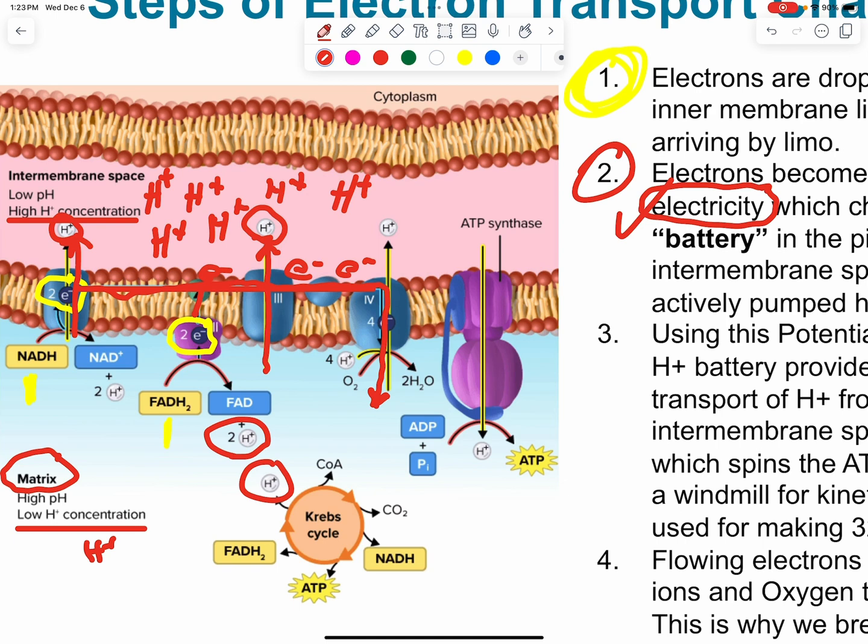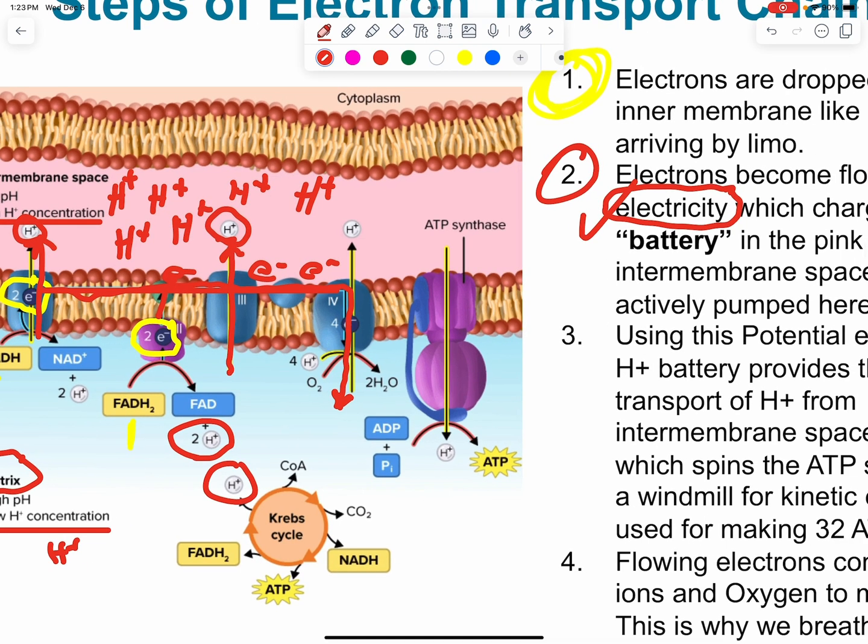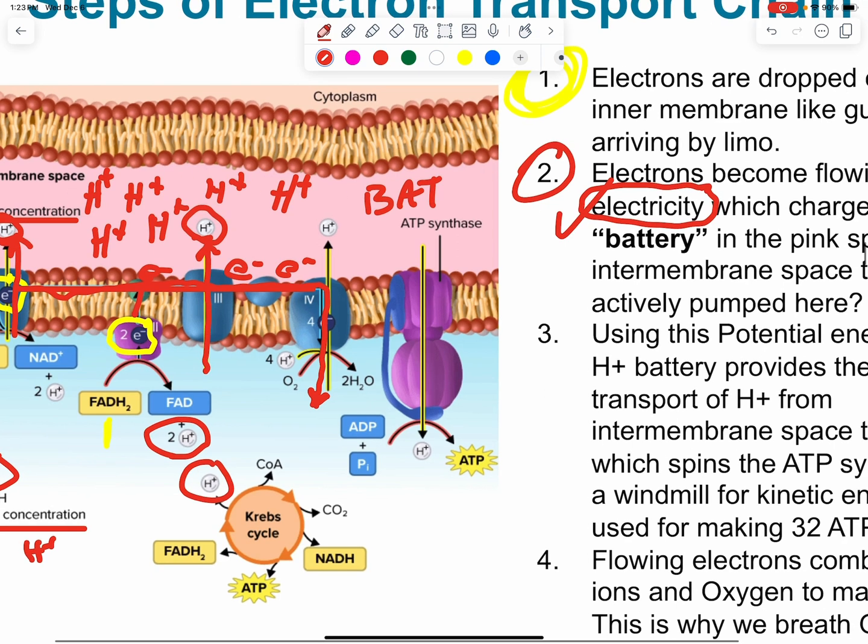That's how they can move. And they are providing the energy that ATP normally would in an active transport pump. There's no ATP being used here. It's the energy from the flowing electricity. That was step number 2. And we talked about a battery early on, so now this is a fully charged battery.